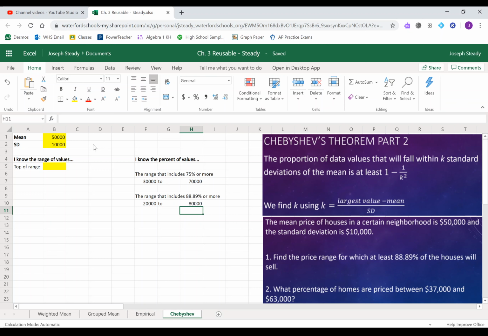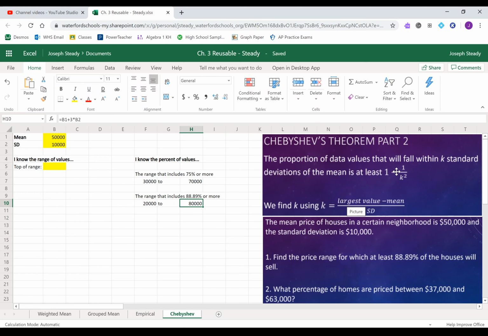But Chebyshev's theorem has a second part to it, which helps us go the other direction for not so nice numbers. So a good example of this is, what if I wanted to know the percentage of homes that are priced between $37,000 and $63,000? Well, that's not either of these ranges, so I can't find an exact number from this kind of pre-established percentage setup.